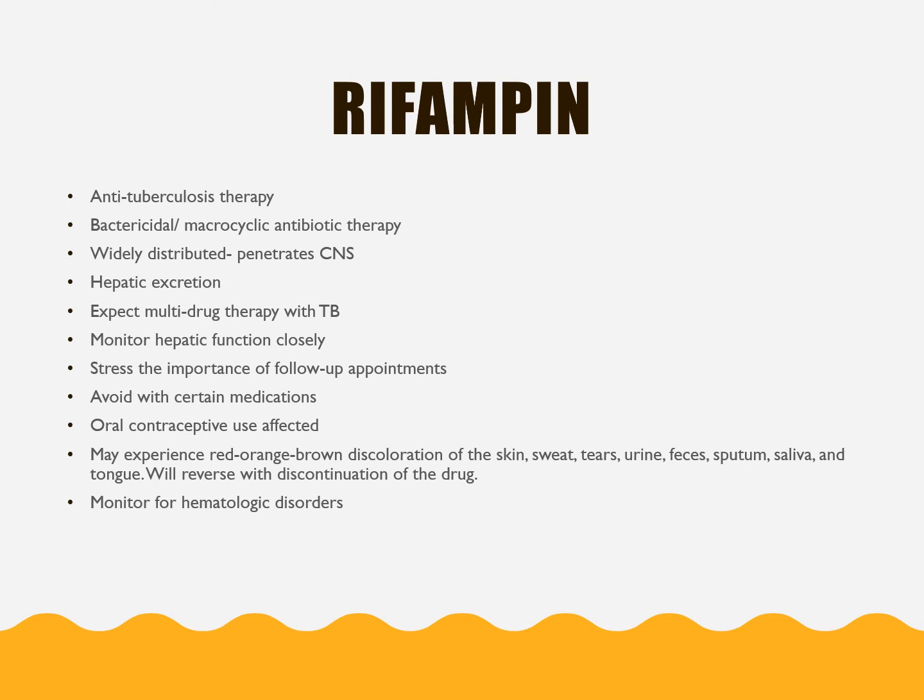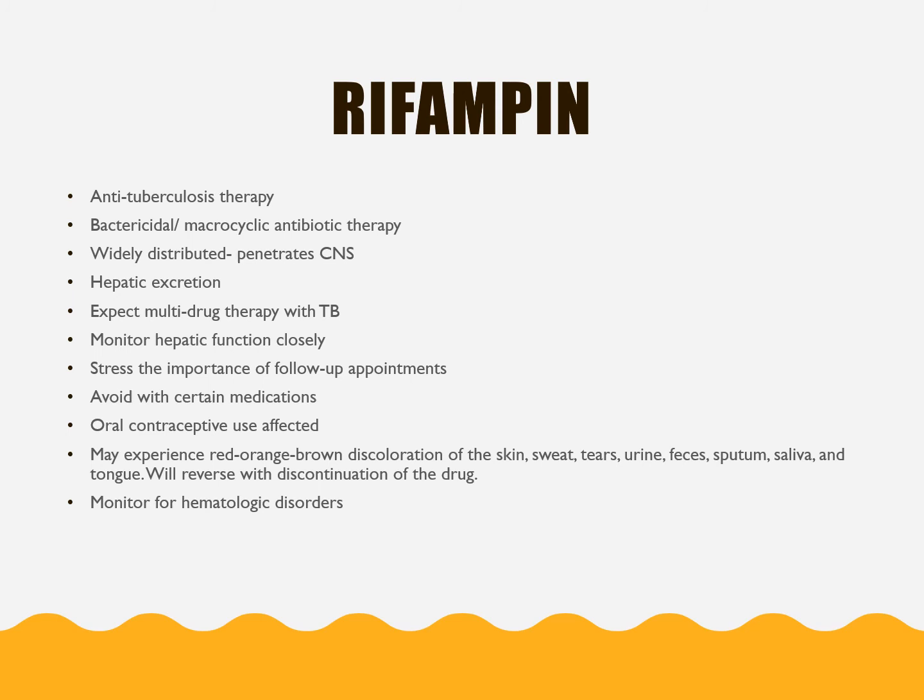Rifampin should be avoided with certain medications, and the list is pretty long. You don't need to memorize this, but it would include things like antacids, phenytoin, carbamazepine, beta blockers, benzodiazepines, anticoagulants, anti-diabetic drugs, oral contraceptives, and a few others as well.